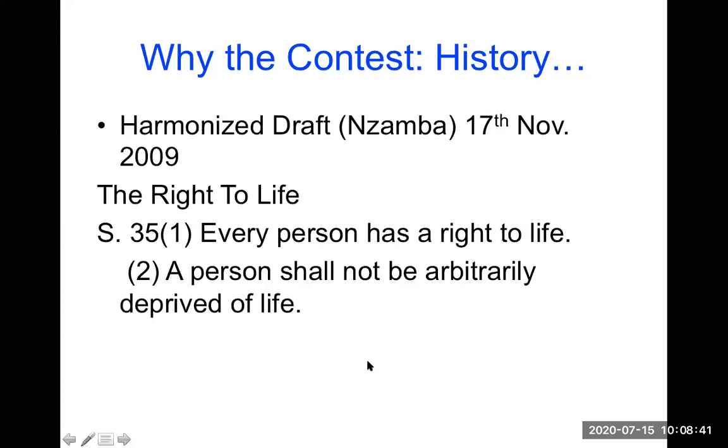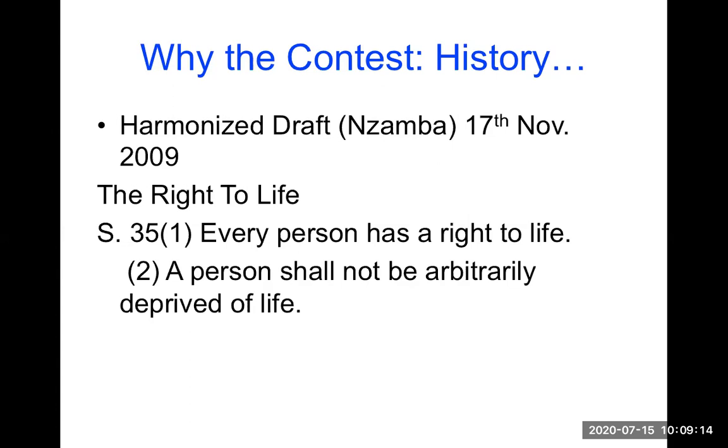We then moved closer to the constitution making. This is the committee of experts, chaired then by Nzamba Gitonga, and they harmonized all the previous drafts and decided that they will give us 2 sub-articles. Every person has a right to life, and a person shall not be arbitrarily deprived of life.